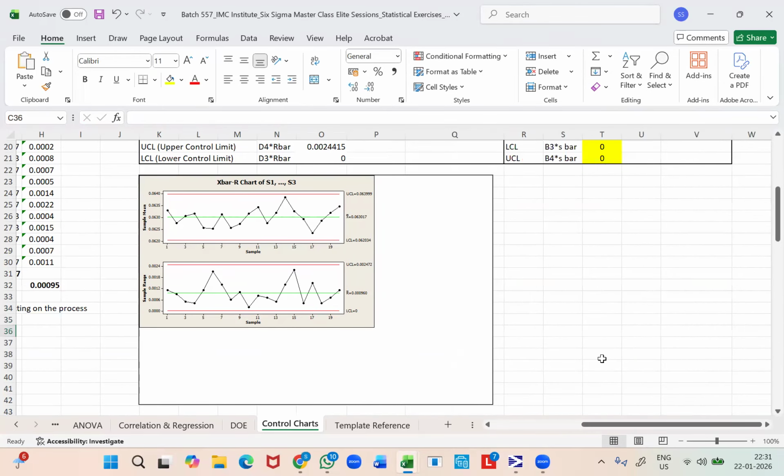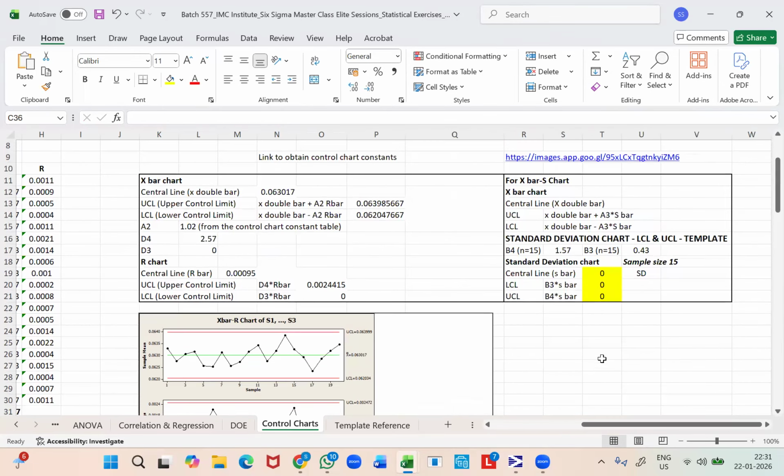But then in the final assessment, you will be asked to calculate the control limits for a standard deviation chart. They would give the sample size value as 15 and the standard deviation bar, SD bar, which is the central line in the standard deviation chart, as 1.65. The moment we update the value 1.65, we will see the LCL and UCL getting calculated here, right?